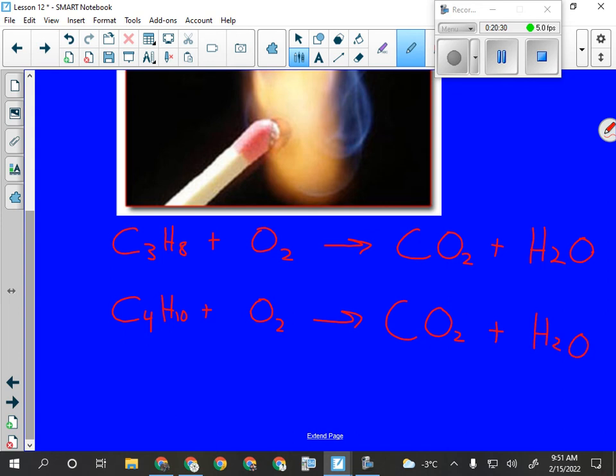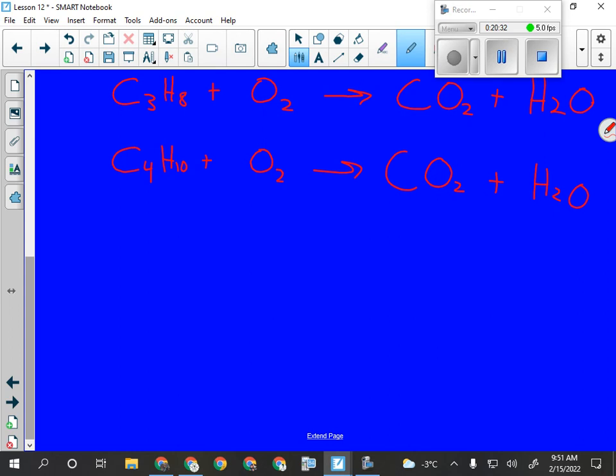Okay, so the first rule for balancing a combustion reaction is balance alphabetically, or in alphabetical order. Carbon, hydrogen, oxygen.